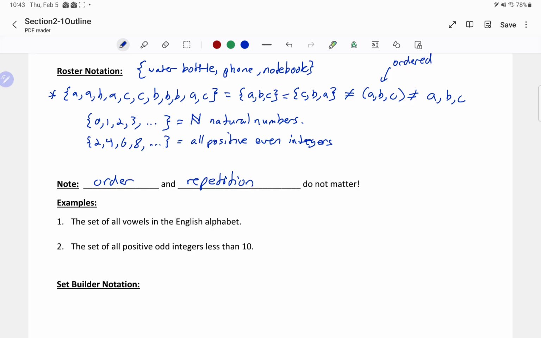So if I wanted to ask what's the set of all vowels in the English alphabet, I would write down A, E, I, O, U. I'm not going to put Y because I can't determine if it should be in there or not. Sometimes it's a vowel, sometimes it's a consonant.